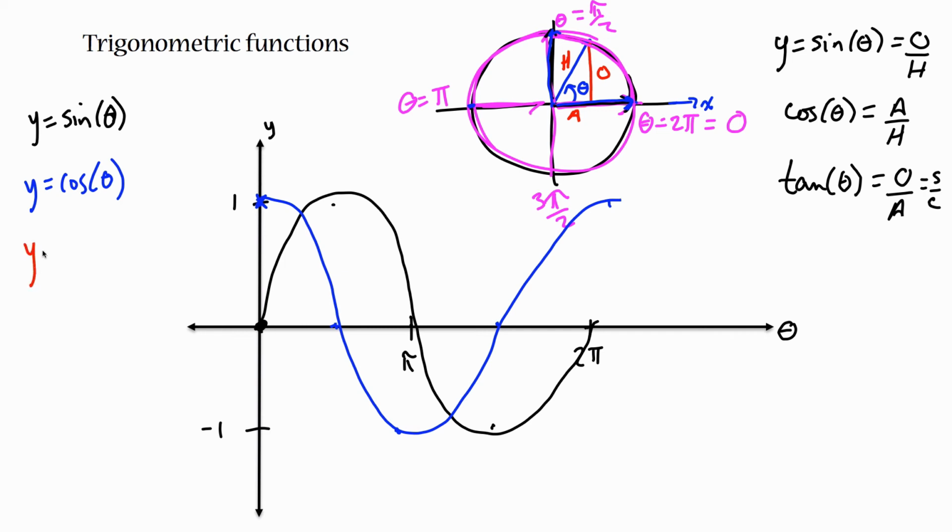And we're going to plot tangent, even though you will rarely use it for anything in the life sciences, because at 0, our opposite is 0, so tangent is 0. But at pi over 2, opposite is 1, but adjacent will be 0, and 1 over 0 is undefined.